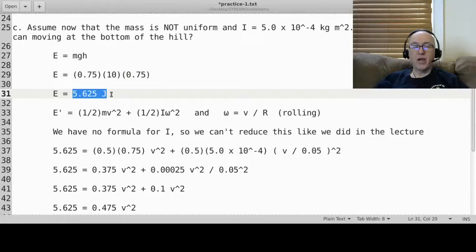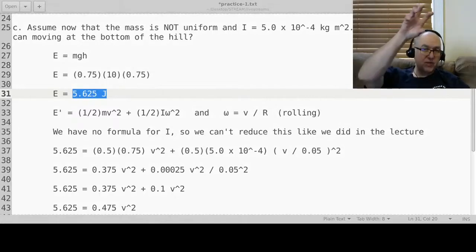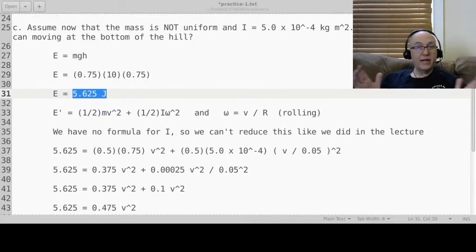That turns out to be 5.625 joules. All through the motion, at the top when it's standing still, when it rolls downhill, and when it gets to the bottom rolling as fast as it's going to go, all of the energy remains a constant 5.625 joules.